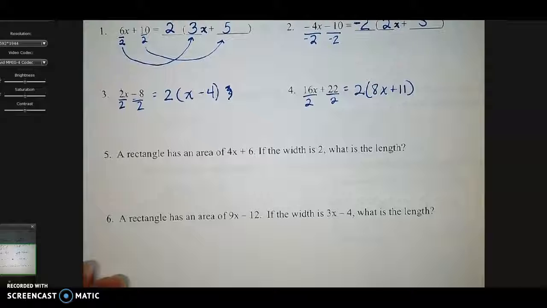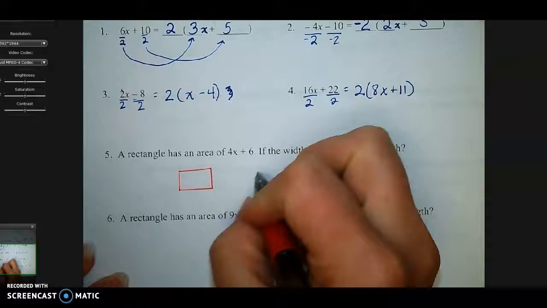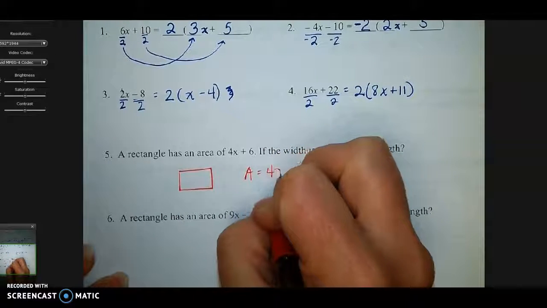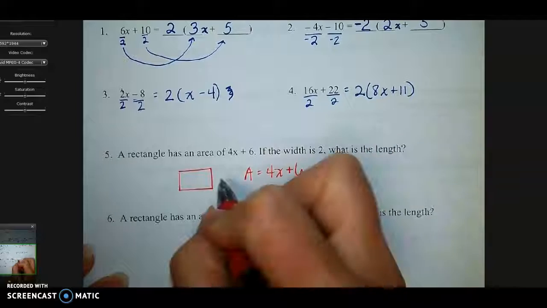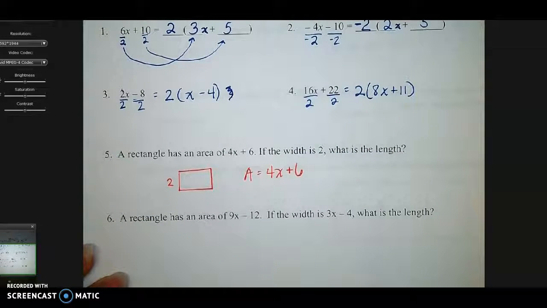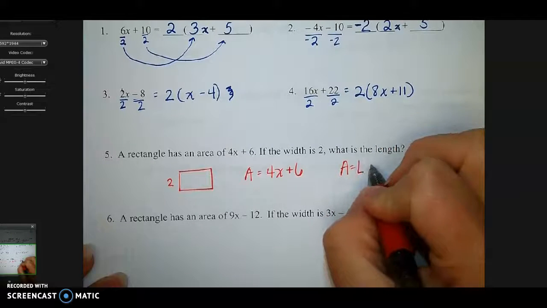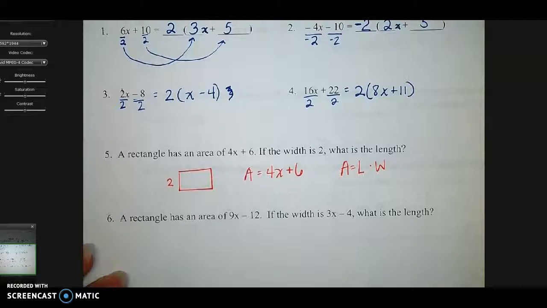Down here, some problems that we might encounter with this might be geometry based. So a rectangle has an area of 4x plus 6, and it says the width is 2. So you're like, in order to find the area, I do length times width.